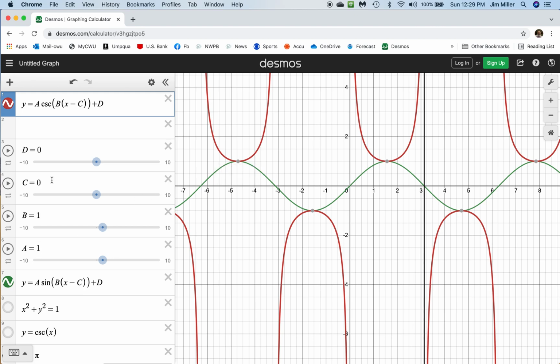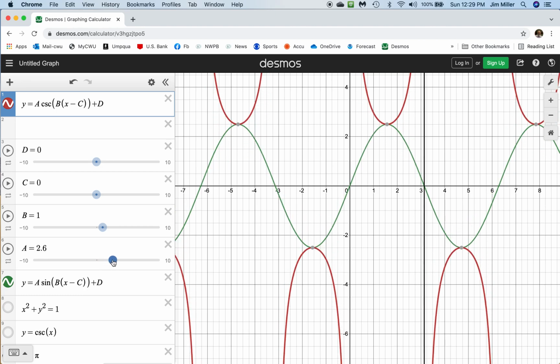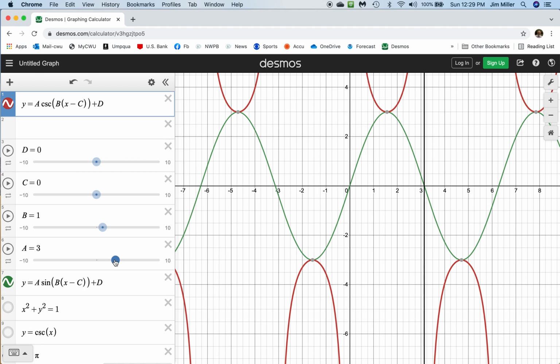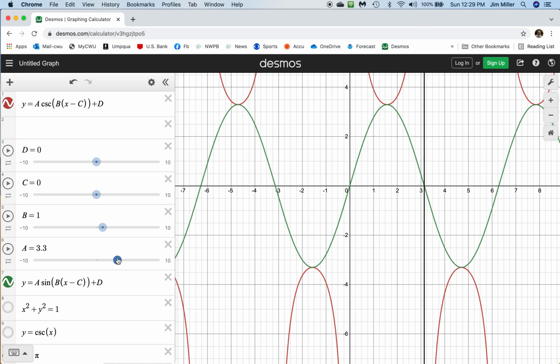So what happens if I increase the amplitude? Well, here's the amplitude. If I increase the sine amplitude, look what happens to the cosecant. We're doing a vertical stretch, but it also gets further and further. The low spot here and the high spot on these are still at the trough or the crest of the sine curve.